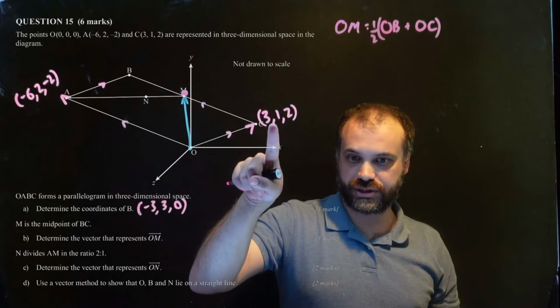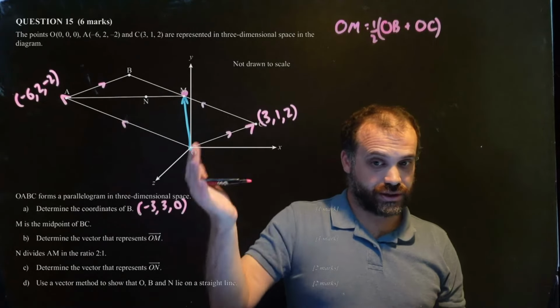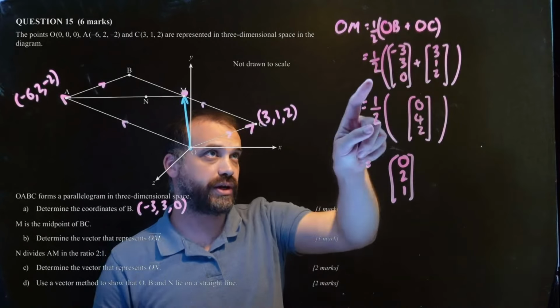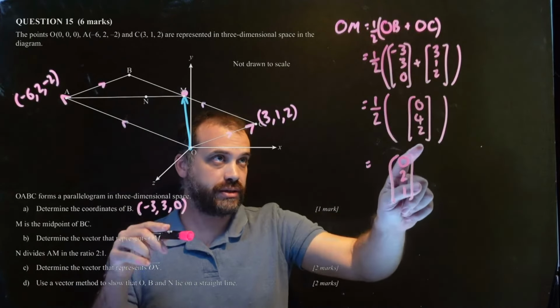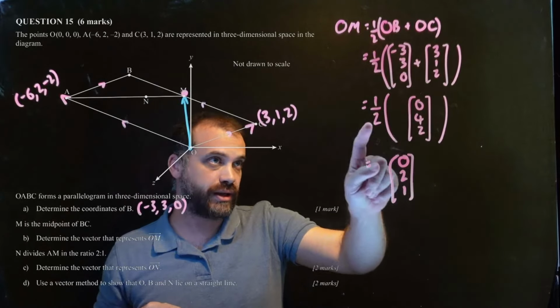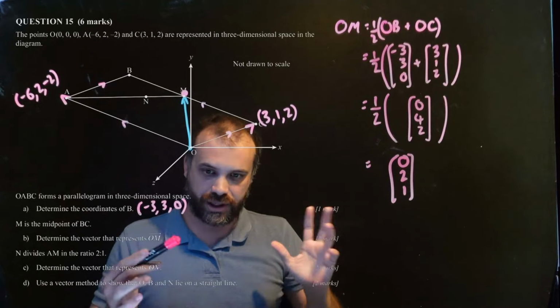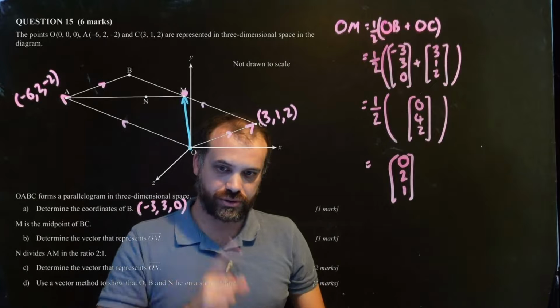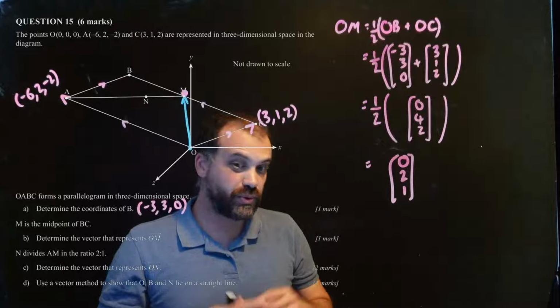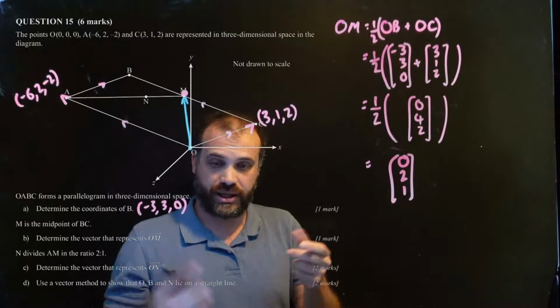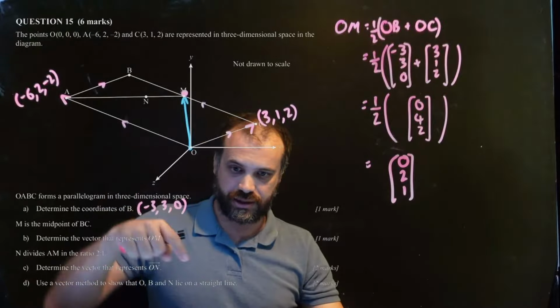I know what OC is because they told me it. So that's it. There we go. OB plus OC is this, and half of it is that, and my answer is 0, 2, 1. Now you'll notice this is a 1 marker as well, so even if you've done all this working, or you've just worked it out in your head somehow, 0, 2, 1, we only need the answer.